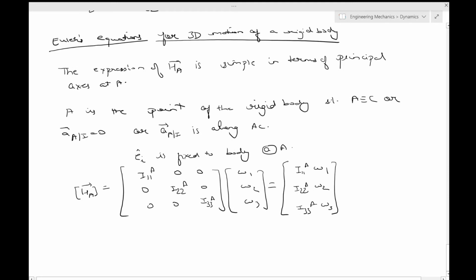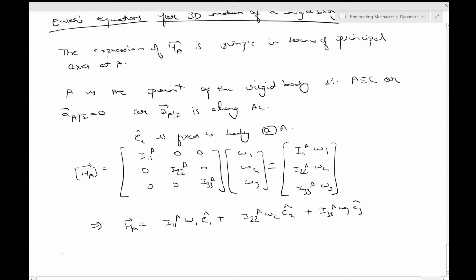Just write this out as a vector: HA is equal to I11 A omega 1 E1 hat plus I22 A omega 2 E2 hat plus I33 A omega 3 E3 hat.